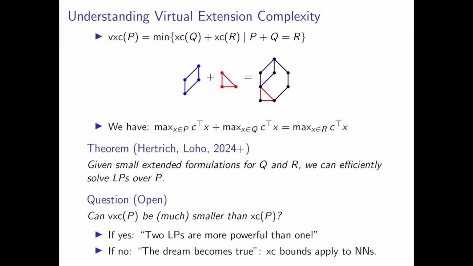The other option is no, virtual extension complexity cannot be much smaller than the extension complexity, but then we have basically proven the dream, in the sense that we have lower bounds on general neural networks and not only on monotone neural networks. Answering this question, no matter the outcome, I would find very cool, but I don't know which of the two options is true. Maybe someone of you can tell me.